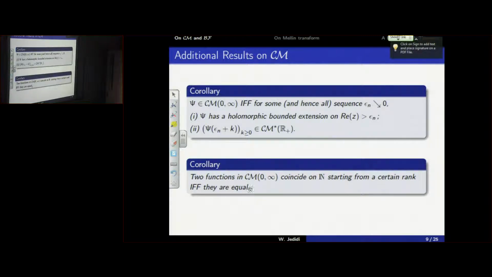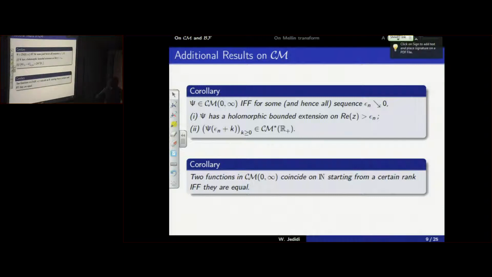As an easy corollary, if two functions coincide on integers from a certain rank, then necessarily they are equal. If two completely monotone functions. Of course, everybody knows that the Fourier transform is injective on a proper subspace. The Laplace transform is also injective.